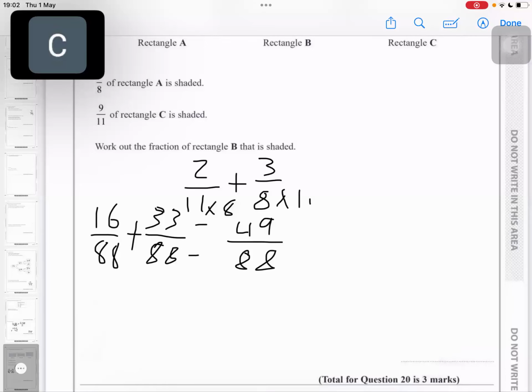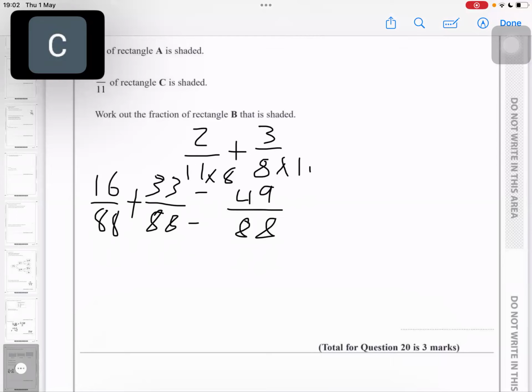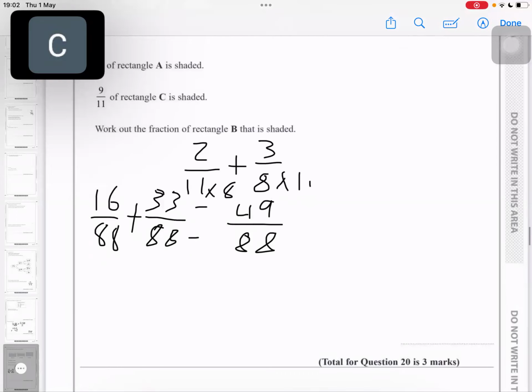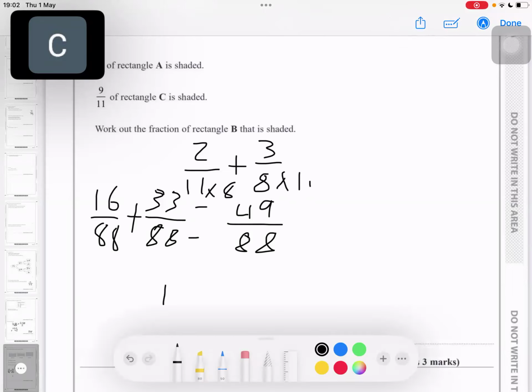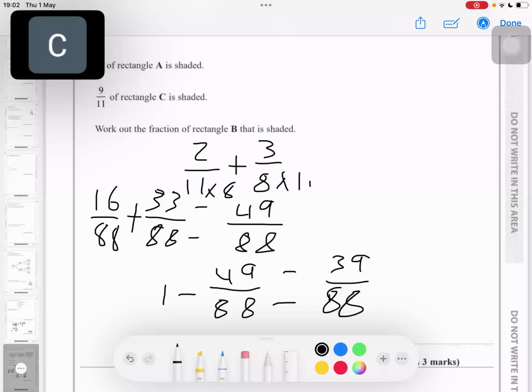So this fraction that you just did now is the fraction of B that is not shaded. So we're going to subtract it from 1. So you can just do your 88 over 88 minus 49 over 88. Yes, you can write it like that first. 1, yeah, exactly. 88 over 88 minus 49 over 88.